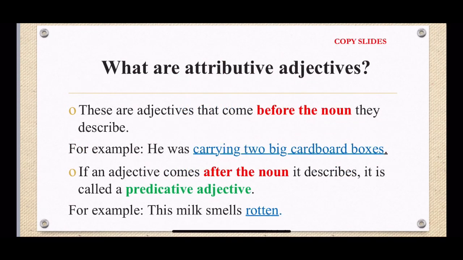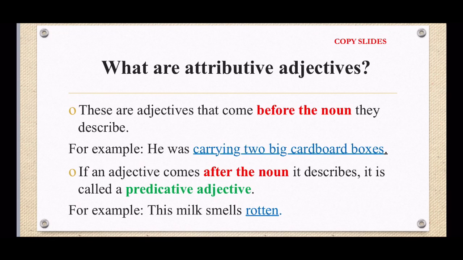Okay, so next we'll have a look at what are attributive adjectives. These are adjectives that come before the noun they describe. We know that adjectives are words that name an attribute of a noun or describe a noun, right? And we know that a noun is used to identify people, things, places.